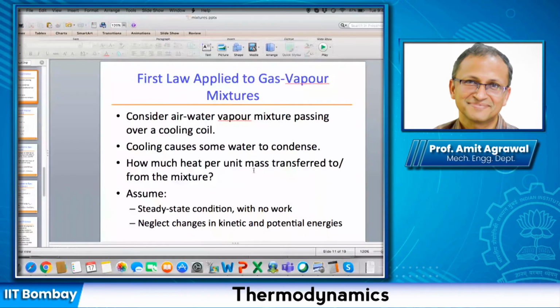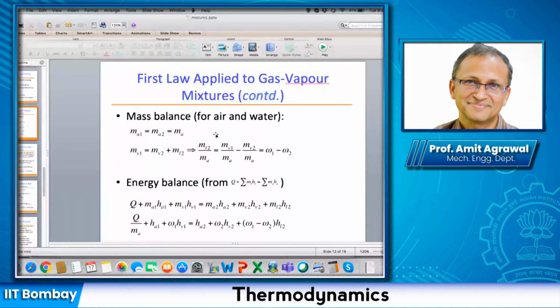So we are going to use our fundamental laws that we have already derived and are now very comfortable with, which are essentially mass balance and energy balance. These concepts are now used in the context of the mixture.